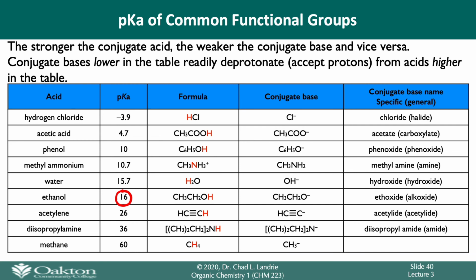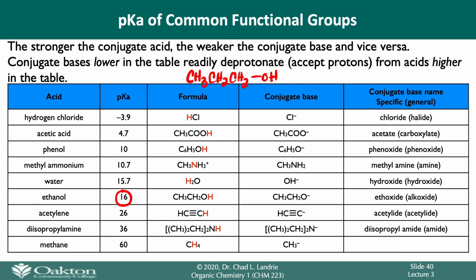Well, maybe I haven't memorized the pKa for propanol. Let me write propanol at the top. That's CH3, CH2, CH2, OH. So even though I haven't memorized a value for propanol, when I look at the structure, I see that it's very similar to ethanol. The only difference is 1 carbon atom.